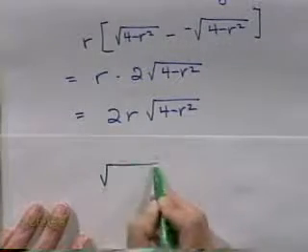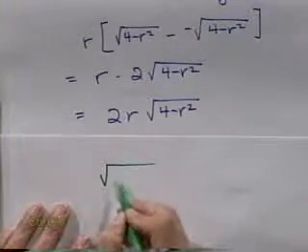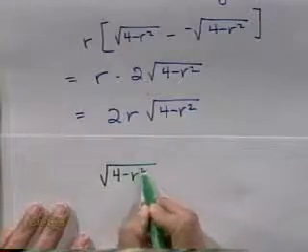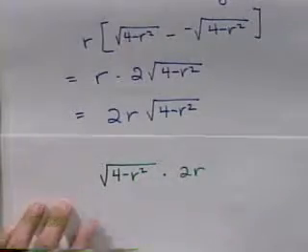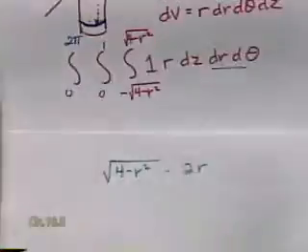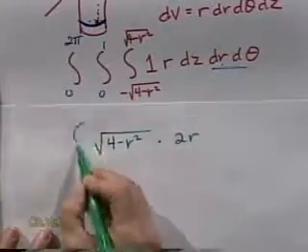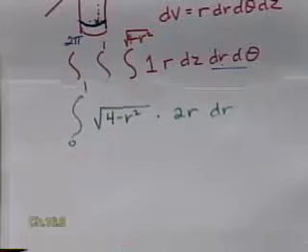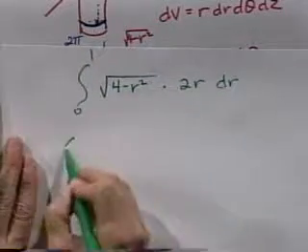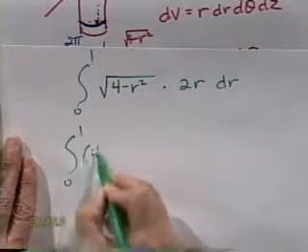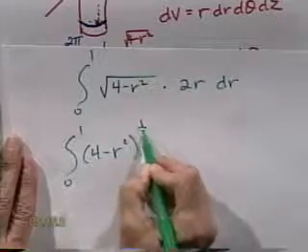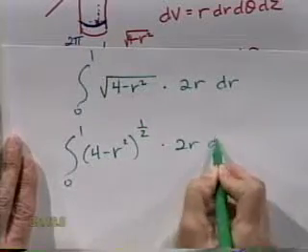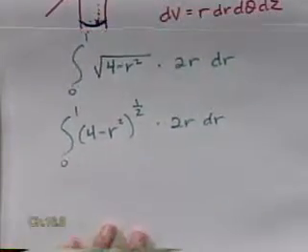I take that, and I'm going to write that as the square root of 4 minus r squared times 2r, if that's okay with you. And our second integration is going from 0 to 1 dr. Well, we need to do a little u substitution here.